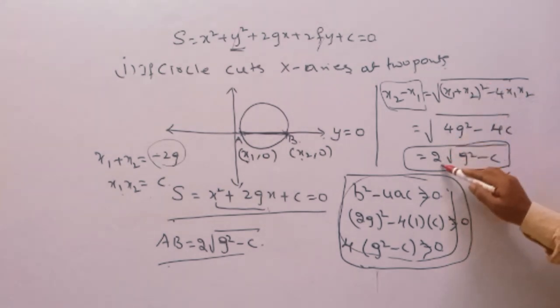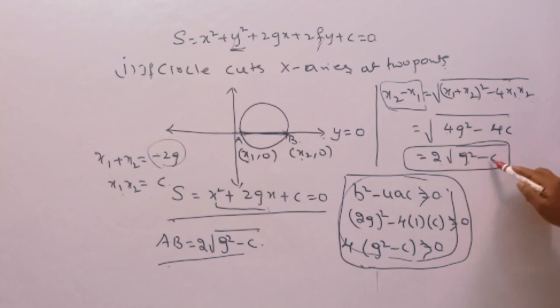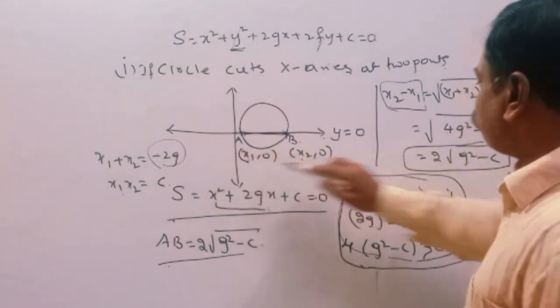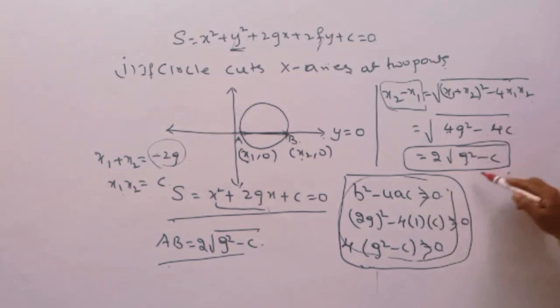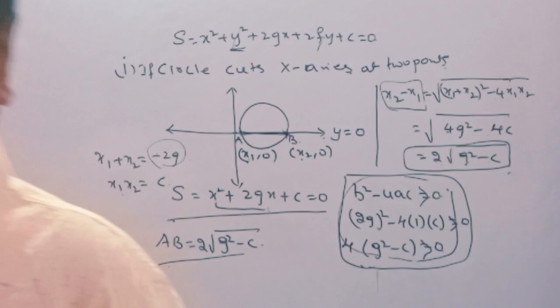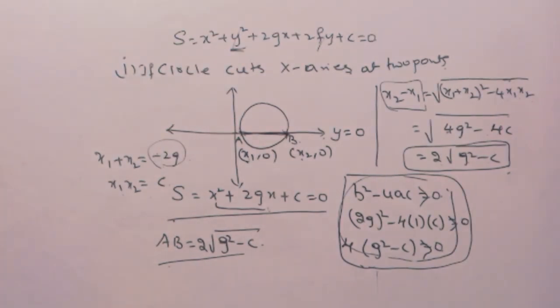Then this is 2 into root over (g square minus c), since (x1 plus x2) whole square is 4g square, minus 4c. 2 into root over (g square minus c) is the x-intercept of the circle. Okay, all of you, this is the x-intercept of the circle.